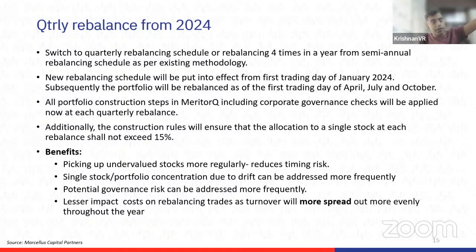But because mid and small caps have done so well over the last 1 to 1.5 years, the allocation towards mid and small cap has constantly come down. Like I said in the last slide, the small cap allocation at least has now reached 44%, whereas the large cap allocation has gone up from 15% to 33% since inception, right?